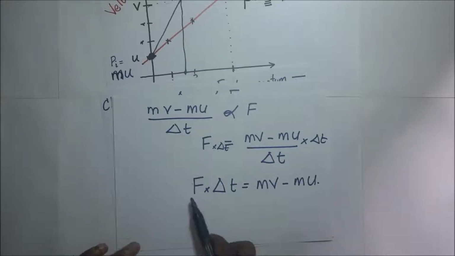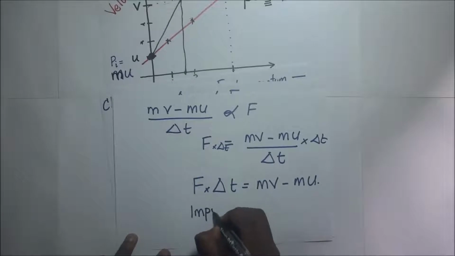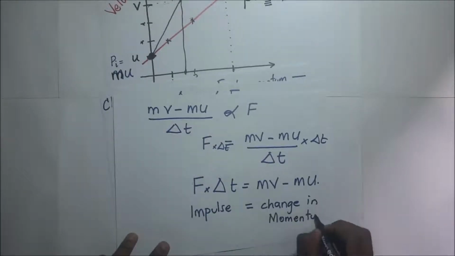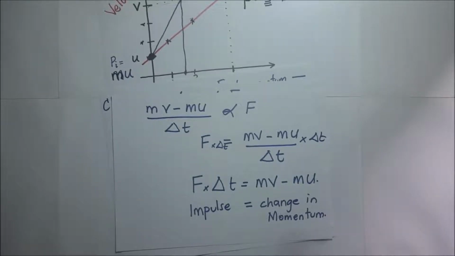Now this force times the change in time is what we are calling impulse. The change in momentum of a body is going to be dependent on the force and the time. So by definition, we can say that impulse is a term that quantifies the overall effect of a force acting over time.